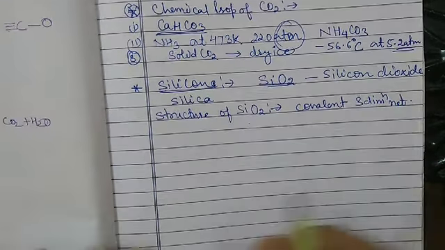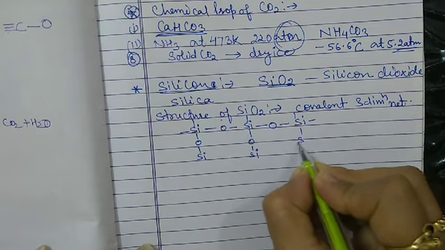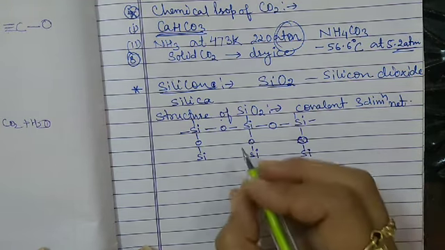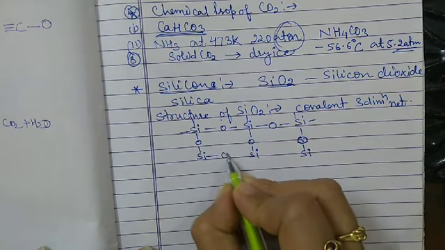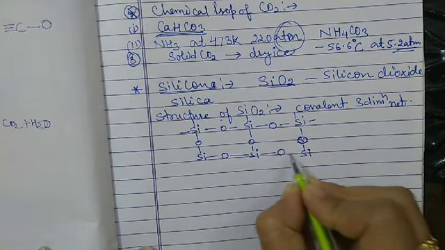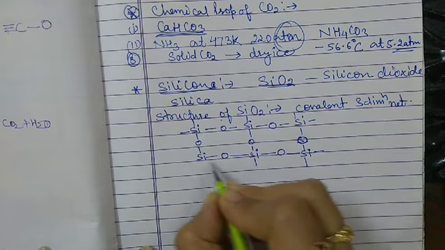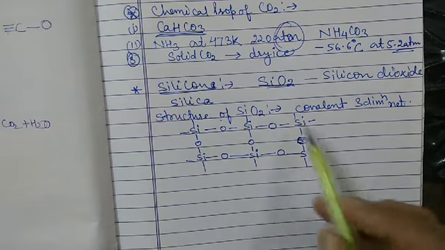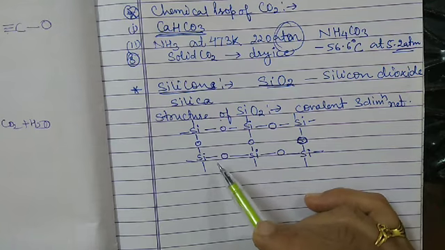Now this silicon is this one here, then oxygen, then silicon, again here oxygen, silicon, and this one also is oxygen, and again it is silicon. So again here the bonding is oxygen. Now this one is the structure of silicon dioxide.